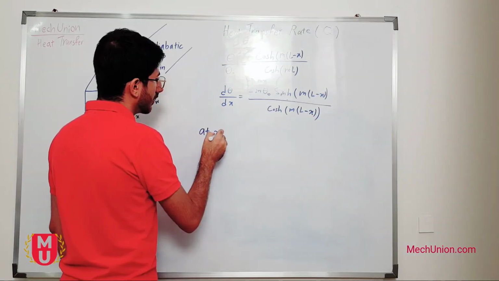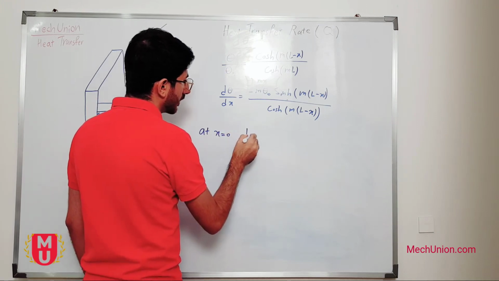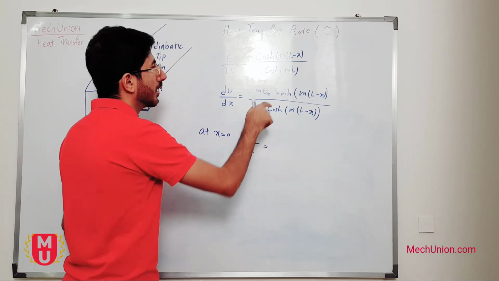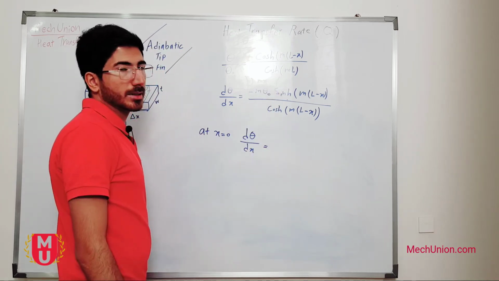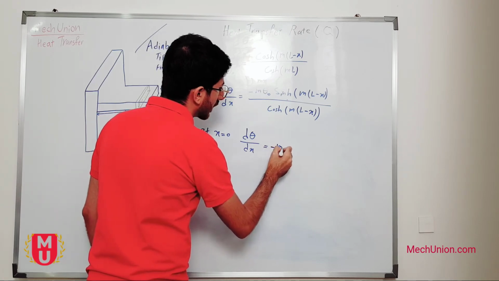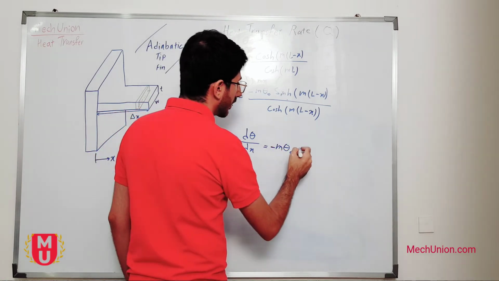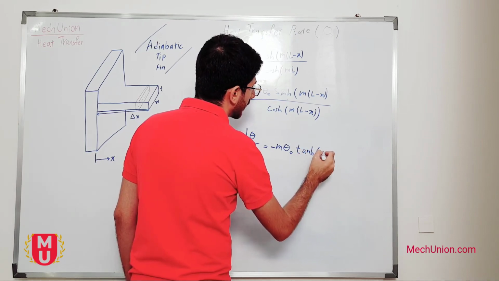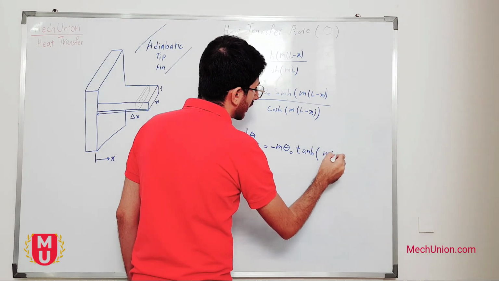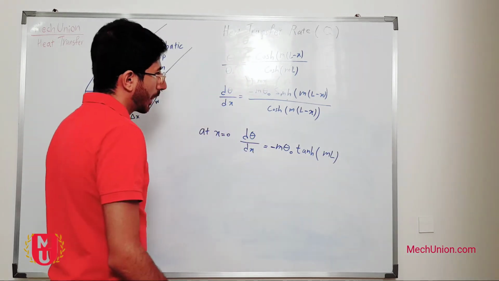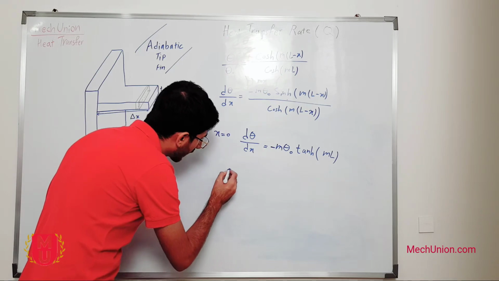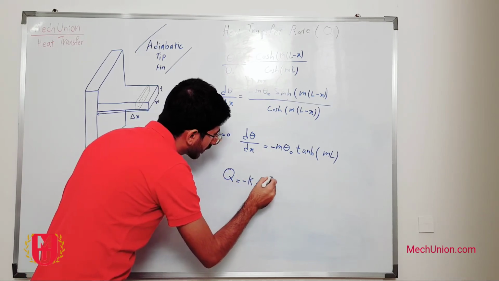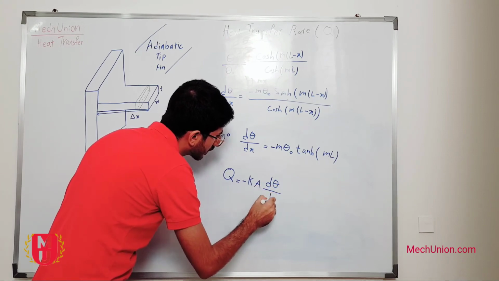At x equals 0, we have d theta over dx equals minus m theta naught hyperbolic tangent of ml. For heat transfer rate, we have Q equals minus KAc d theta over dx.